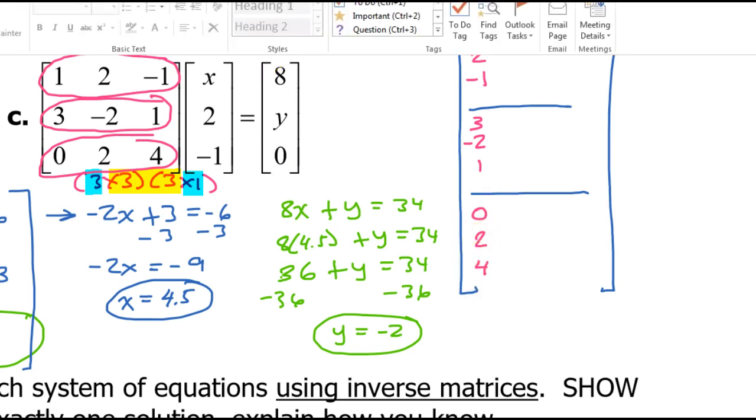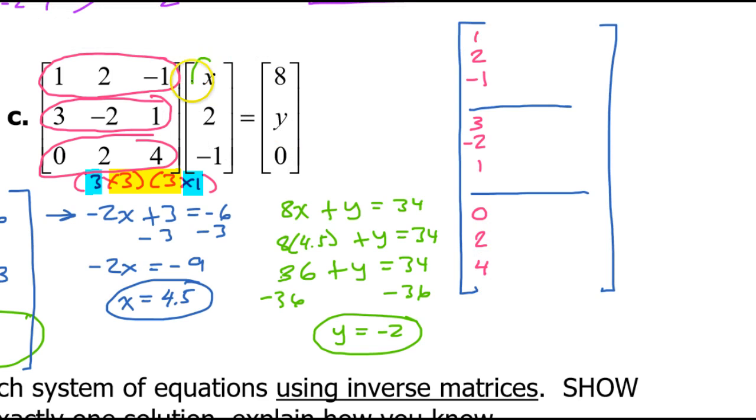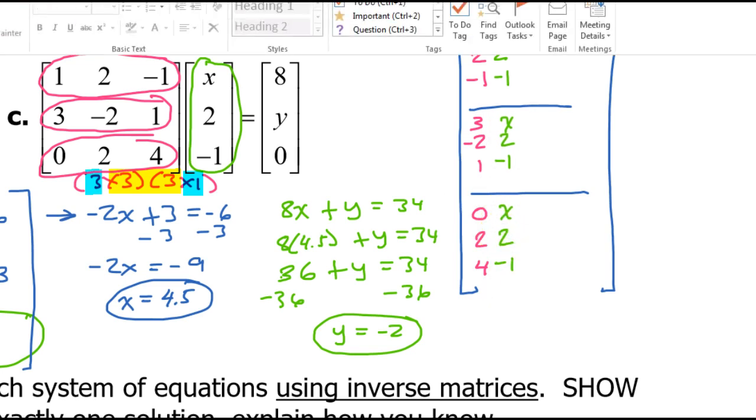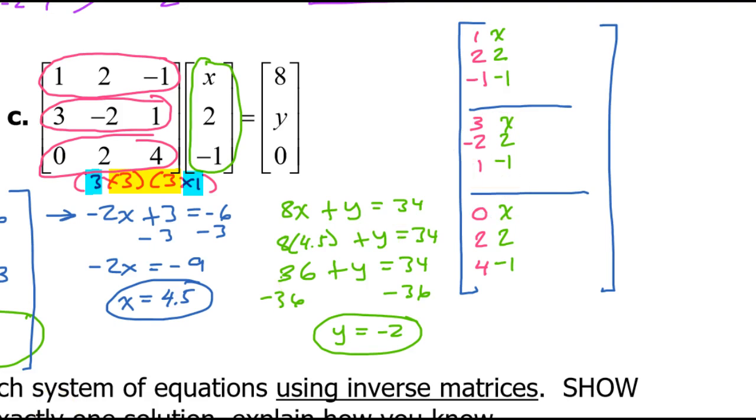Now the column, in this case, comes from the second matrix. So I have my 1 column which will go in my 1 column. So I will have x, 2, negative 1, in each row. Finally I need to multiply and add.